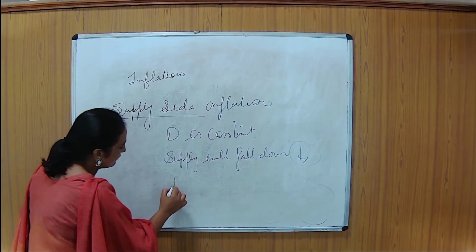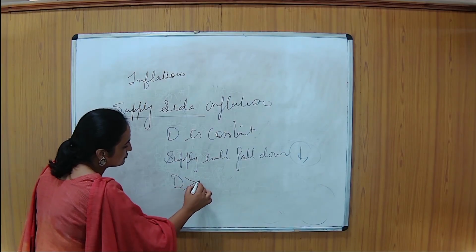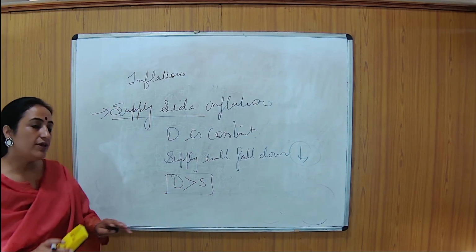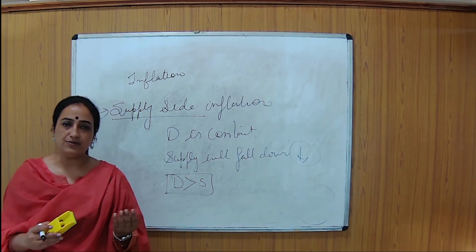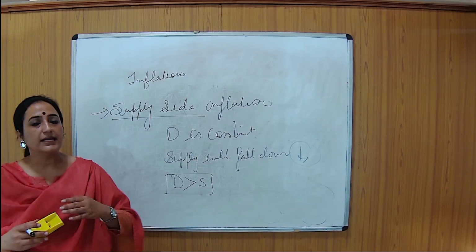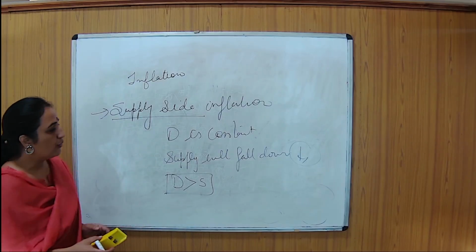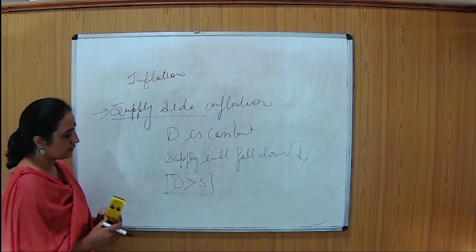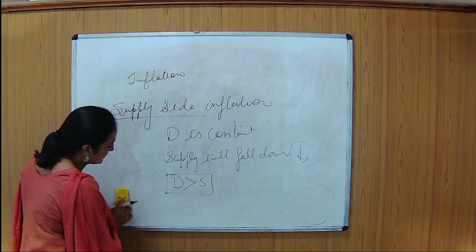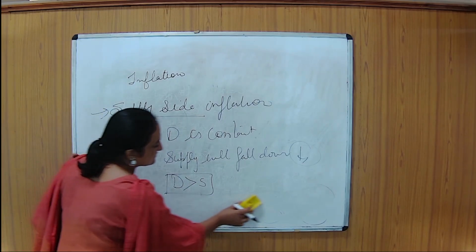So ultimately we will find here demand is greater than supply here also. So if we analyze both the cases, we will find the result that in both the cases, demand is greater than supply. So how can these factors explain supply side inflation?